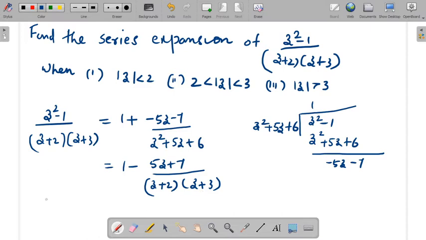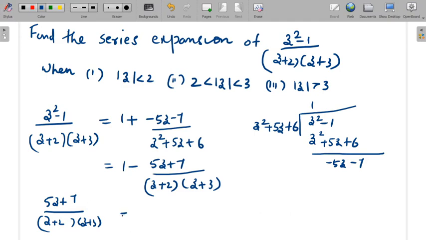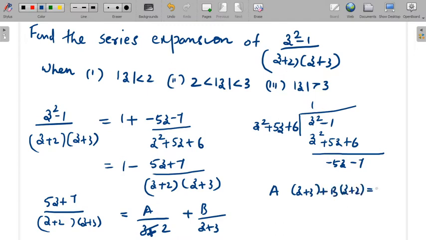Now we try to change this function 5z plus 7 divided by z plus 2 into z plus 3 into two separate terms by writing a by z plus 2 plus b by z plus 3. So we get a into z plus 3 plus b into z plus 2 equal to 5z plus 7, and we will consider the two roots.